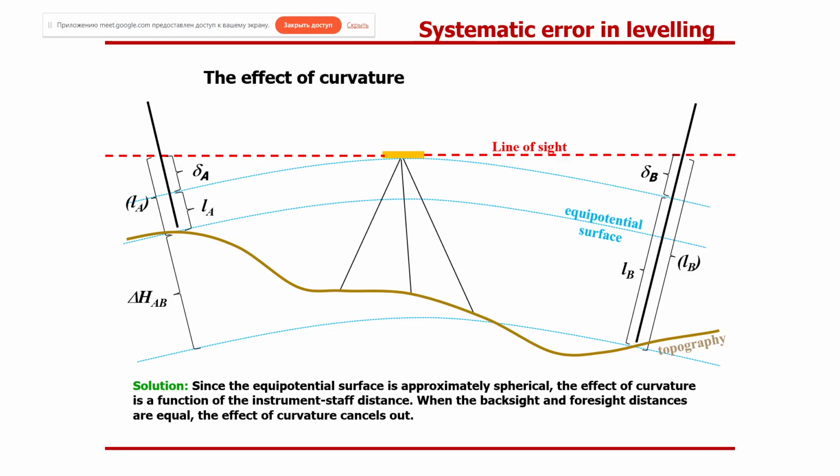First, a systematic error is the effect of curvature. Since the equipotential surface is approximately spherical, the effect of curvature is a function of the instrument-staff distance. When the backsight and foresight distances are equal, the effect of curvature cancels out.